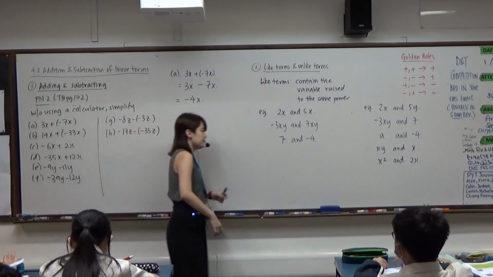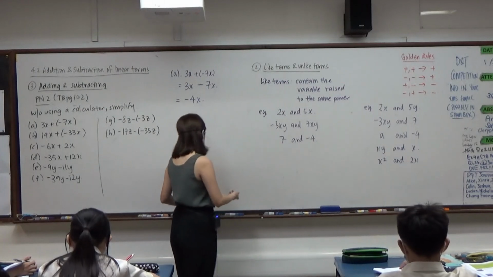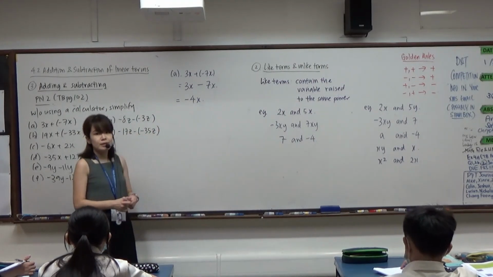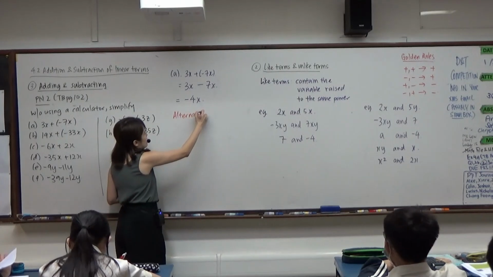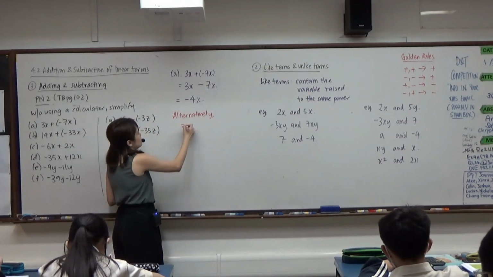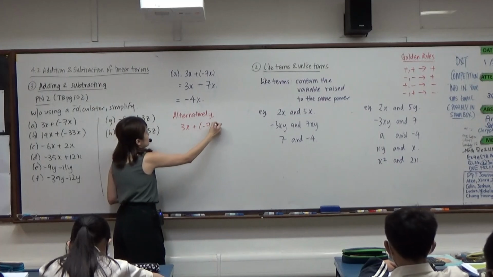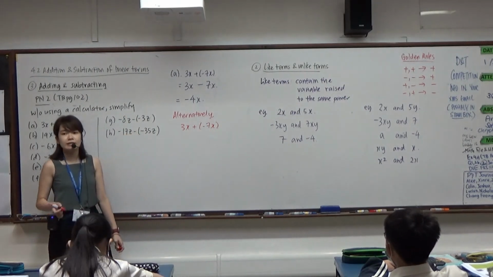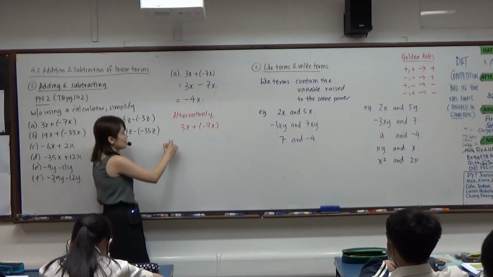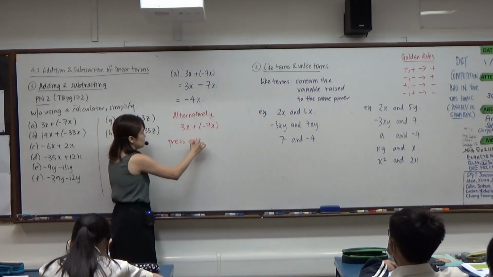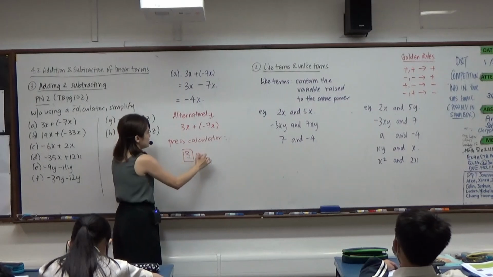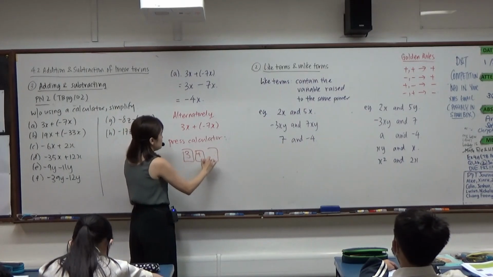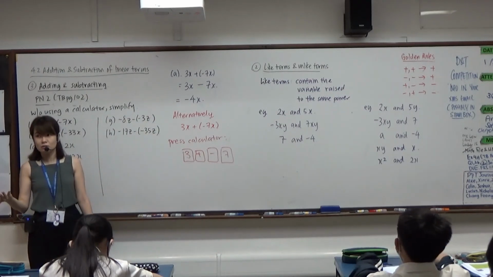Alternatively, if the question didn't say that you cannot use a calculator, what you can do is press it in your calculator. Since I need to calculate 3x plus negative 7x, you just press into your calculator 3 plus negative 7, with the brackets as well, and that will give you negative 4.